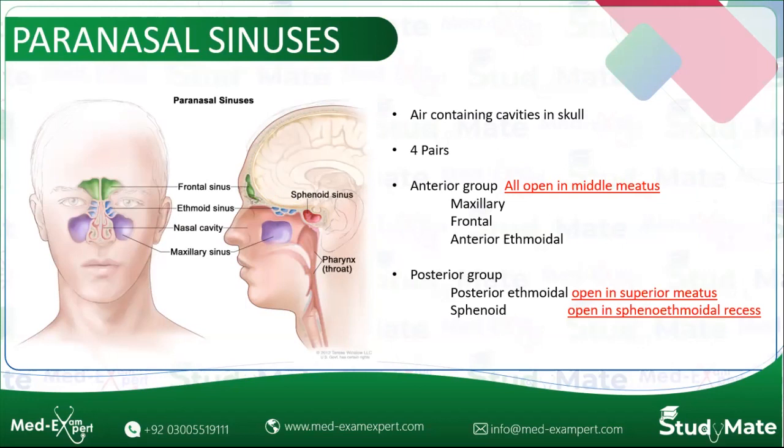The anterior group of the sinuses, they all drain into the middle meatus, which include the maxillary sinus, the frontal sinus, and the anterior ethmoidal sinus, whereas the posterior group of the sinuses, they all drain into the superior meatus and the sphenoethmoidal recess. Posterior ethmoidal air cells open into the superior meatus, whereas the sphenoid sinus open into the sphenoethmoidal recess.